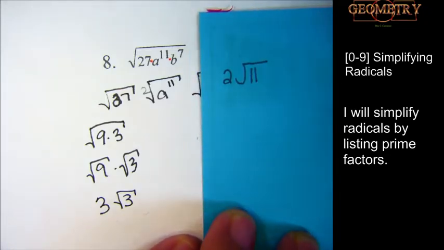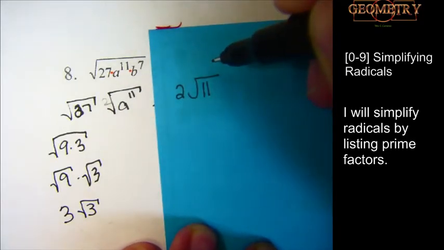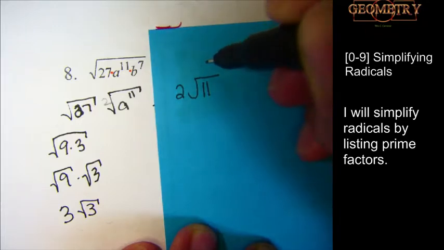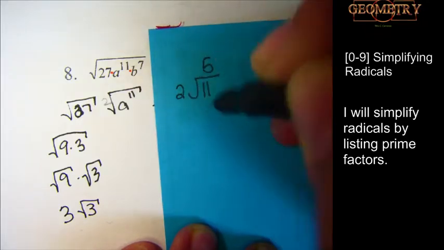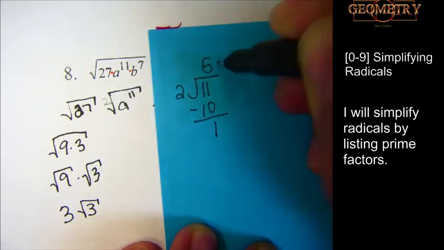So what do I need to put up here? 2 times something gets close to 11. 5, because 5 times 2 is 10. Subtract, what's my leftover? Remainder 1.